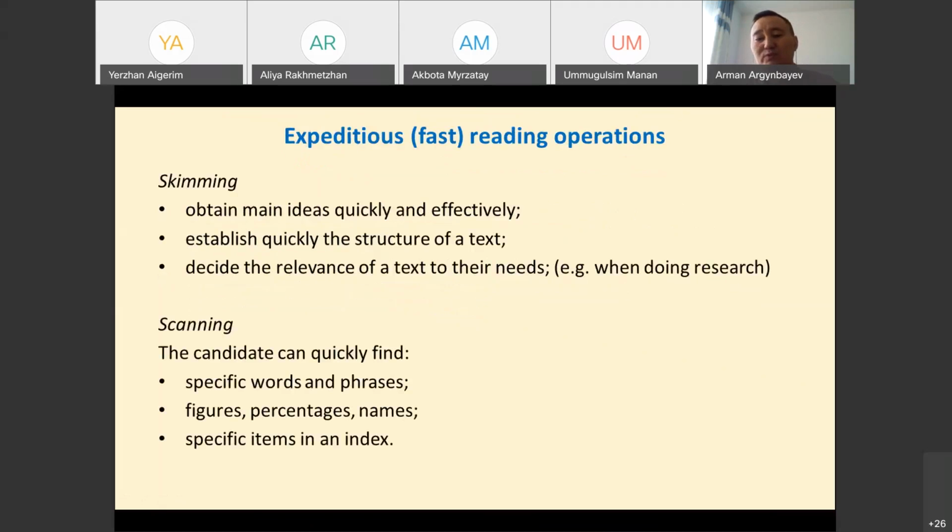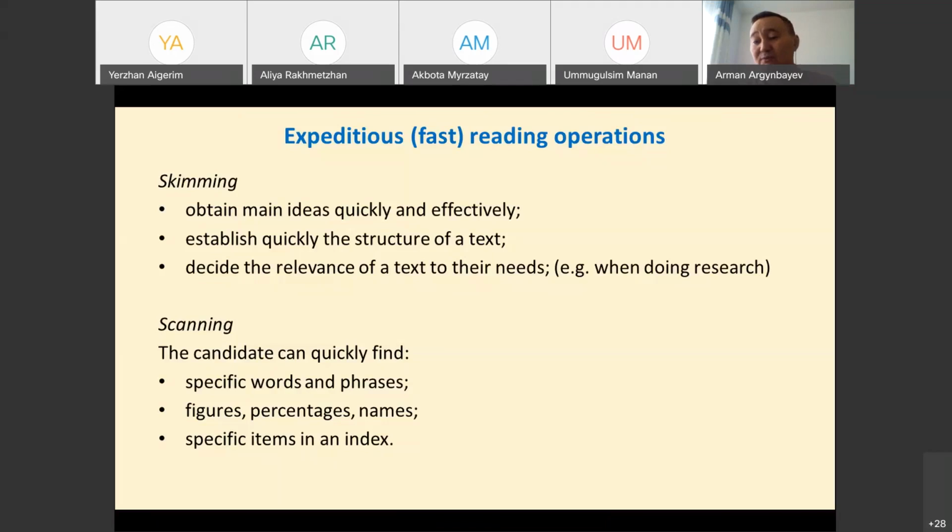So which skills do we assess? Well, there are two types of skills, fast and more detailed ones. So expeditious or fast reading operations are skimming and scanning. And we usually use them for while-reading questions. We actually even ask this kind of questions in comprehension parts.